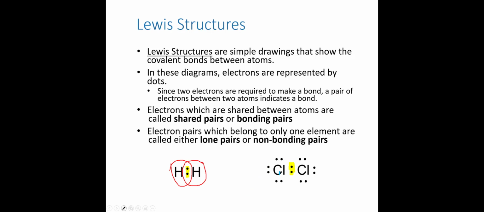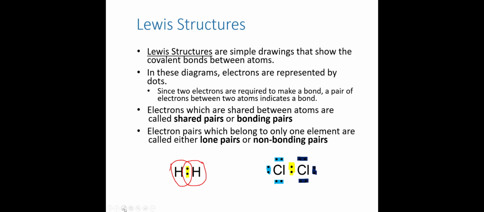This chlorine atom on the left here thinks it has these pairs to itself, and these pairs to itself, and these pairs to itself. And then this chlorine on the right thinks it has that pair, and that pair, and this pair here to itself.